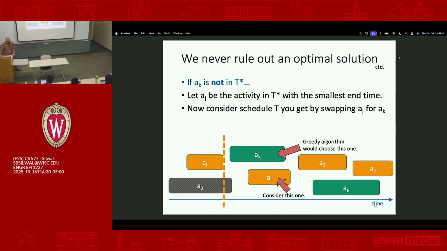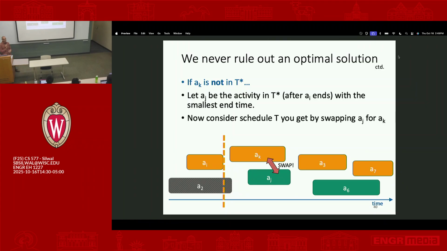But all I'm saying is, in that case, we can swap. Why is that okay? Why would that schedule still be optimal? Well, it'll only be bad if we're reducing the number of activities. And the claim is that we're not going to be reducing the number of activities because the thing that I ended up picking is not intersecting with anything that the optimal has. Okay, so this orange thing on top is still another valid optimal schedule, and we're tracking that now instead.